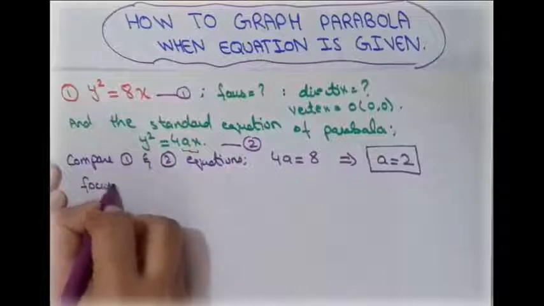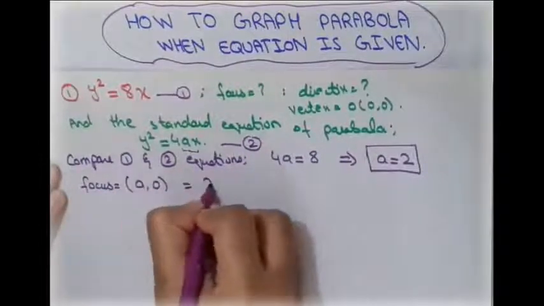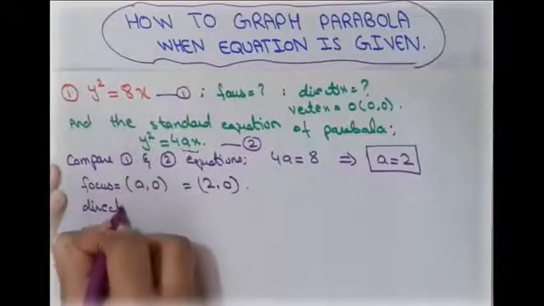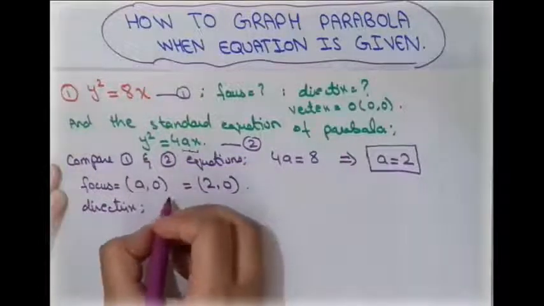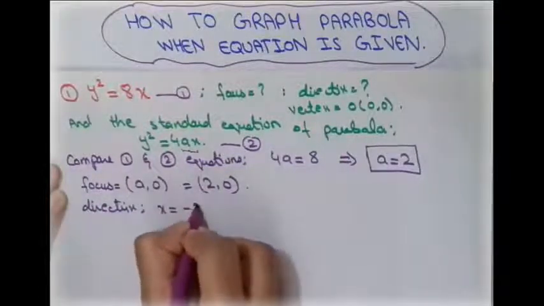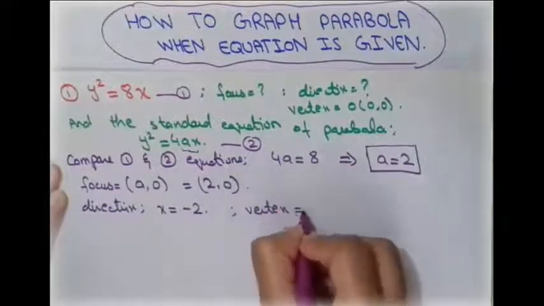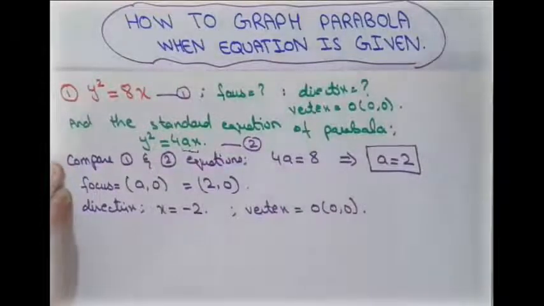The focus, as we already discussed, is (a, 0), so the focus is (2, 0). We also discussed how to find the directrix, so it will be x equals minus 2. The vertex that we already found is the origin (0, 0), and the axis is y equals 0.